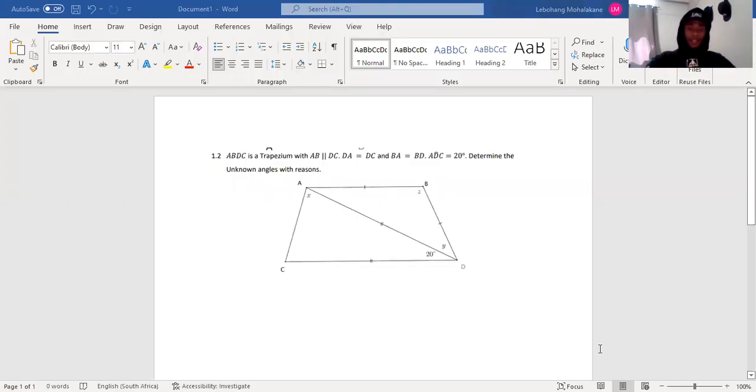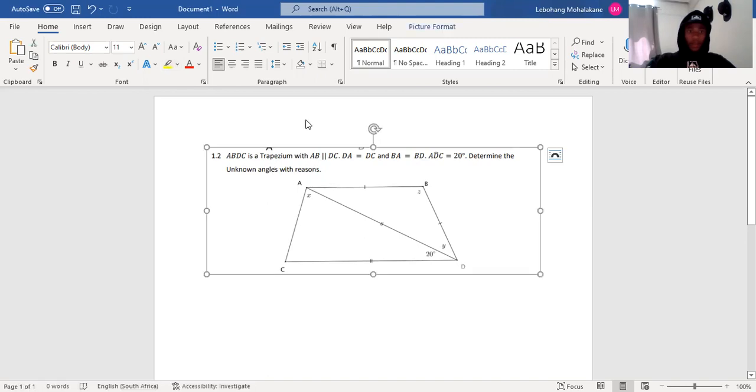These are questions where you are given a shape, a quadrilateral to be specific, and then you're given its properties, and you're required to find the unknown angles. So we're going to look at this. We need to find the unknown angles.